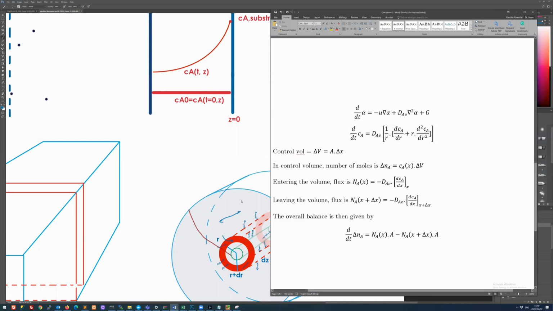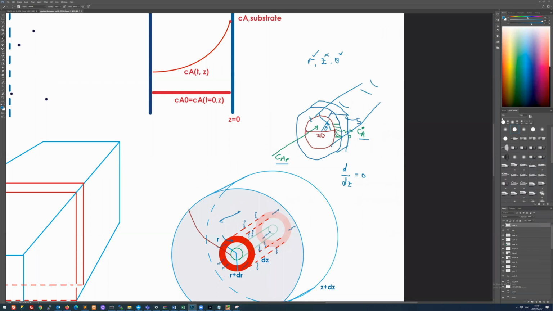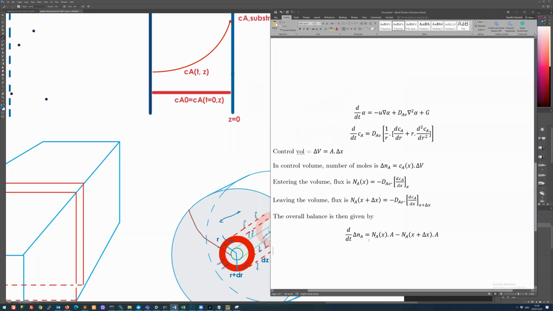So our control volume, let's think about that. Our control volume is between R and R plus delta R. The area here can be approximated as 2 pi R, the circumference of the inside, multiplied by delta R. And then we can choose also a distance here, delta Z. So our volume is 2 pi R delta R, and then we are taking some basis delta Z. That's the volume.